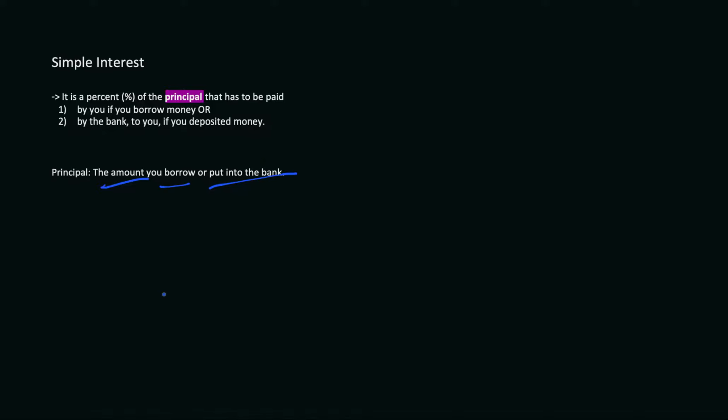So again, principal is nothing but the amount or the money that you borrow from the bank or you put into a bank in a checking account or savings account. We will go over some examples to further simplify this concept and make it easy to understand. So let's jump into some examples.